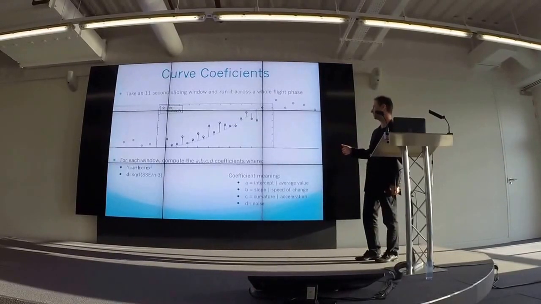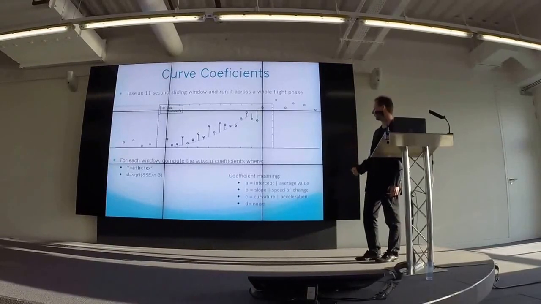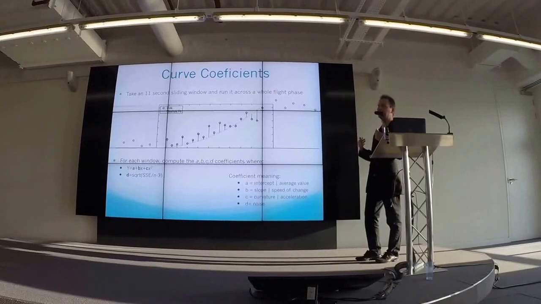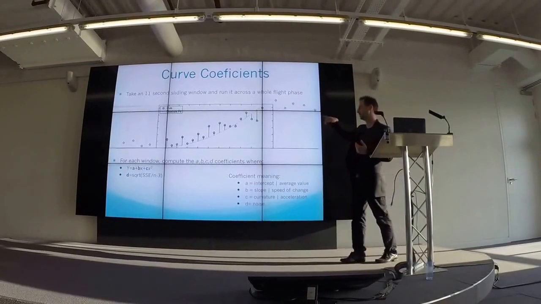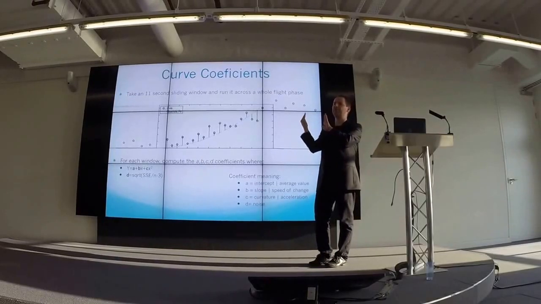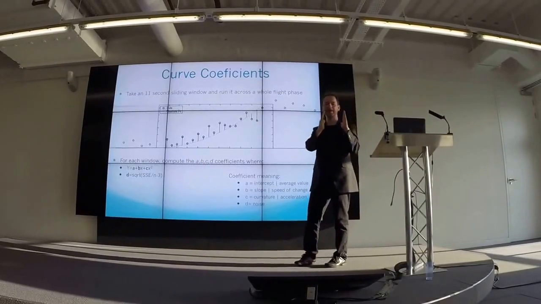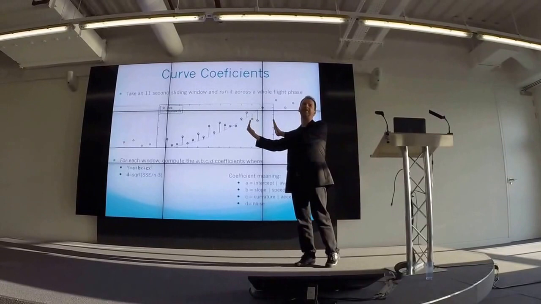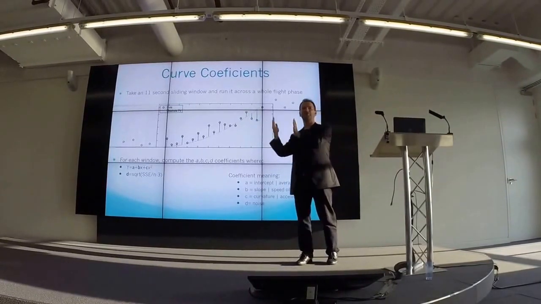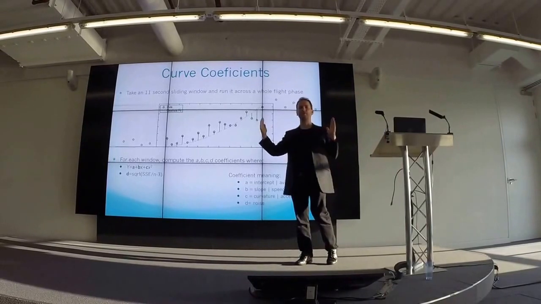B is representative of the speed of change of the value. C, or curvature, is the acceleration, the change of the speed of change, and D is basically the noise. So we get this for a window of 11 seconds, and then we slide this window across the whole phase. And we get the A, B, C, D for every window in the phase.